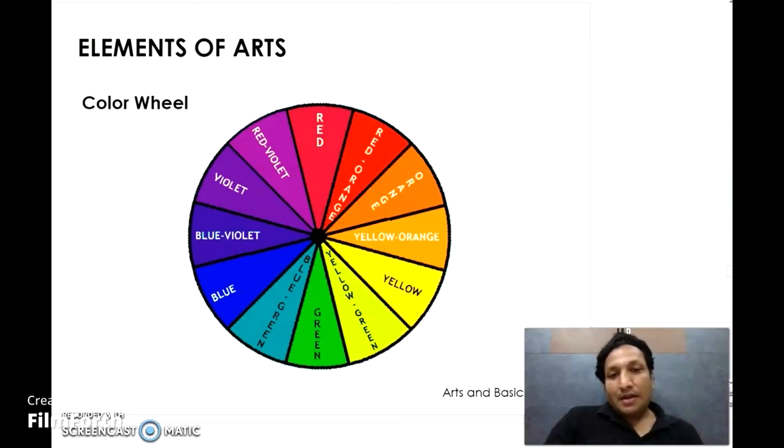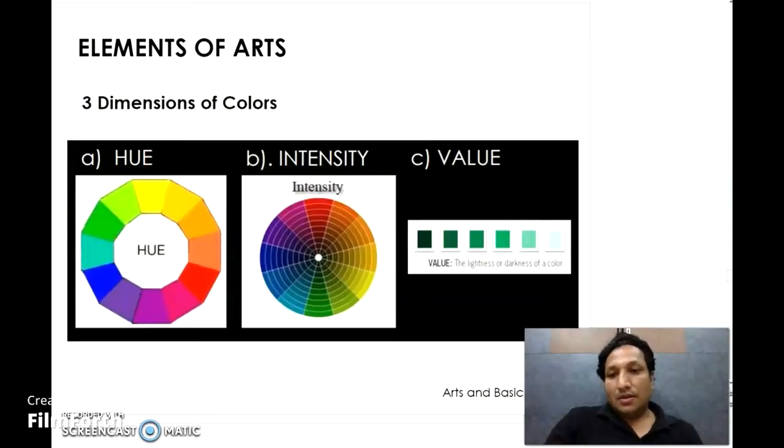This is the color wheel. You can understand there are 12 colors: 3 primary, 3 secondary and 6 tertiary tones. Color is described by hue, intensity and value. Three things are measured for colors. Hue is the purity of a color, intensity is the lightness and darkness, and value is also the lightness and darkness. Tones are related to values.